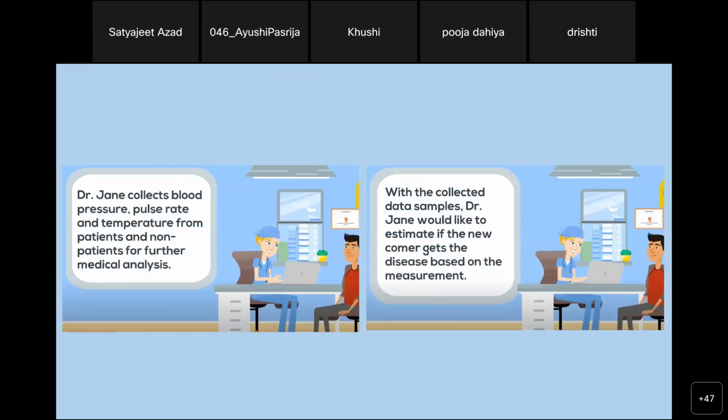Obviously, whenever you look at any medical analysis, you have some historical data, right? So let's say you are an intern at XYZ hospital, and you have 100 data points of 100 patients and their blood pressure, temperature, and pulse rate.